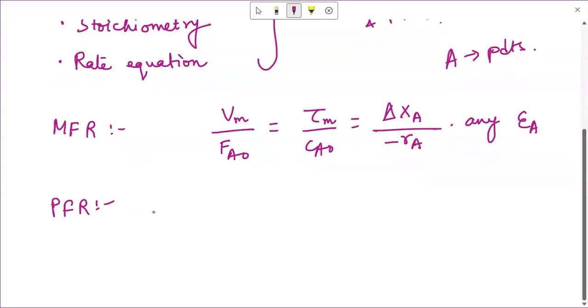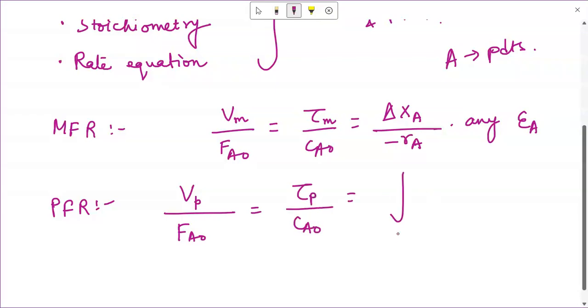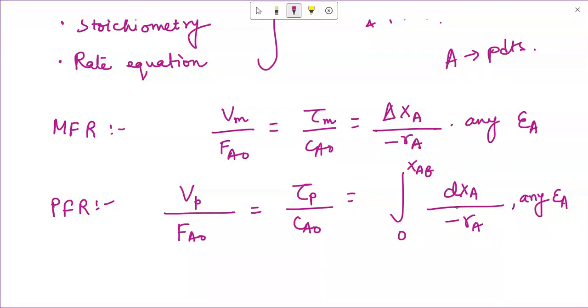For a PFR, Vp/Fa0 = tau p/Ca0 = the integral from 0 to Xaf of dXa/(-Ra), for any epsilon A. For the plug flow reactor, you need this differential term because you are dealing with the differential volume of the reactor when you are deducing the performance equation.